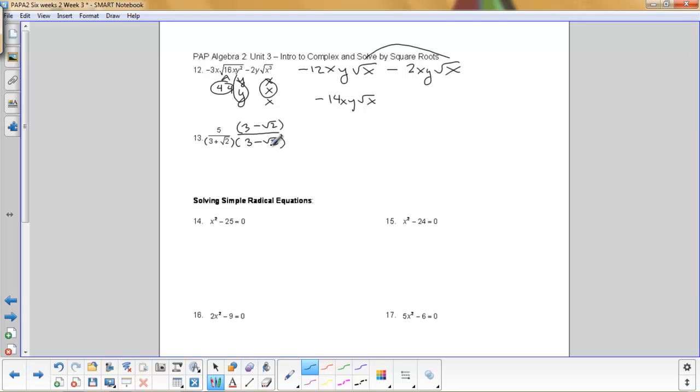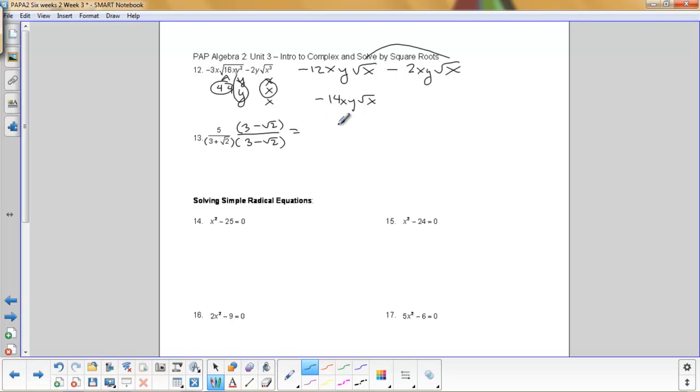Now the reason for that is the difference of two squares. Once you recall the difference of two squares removes the center term from this, you'll notice that the radicals are eliminated because one is positive, the other is negative, and they will cancel each other out.